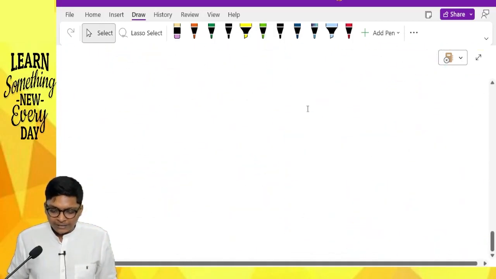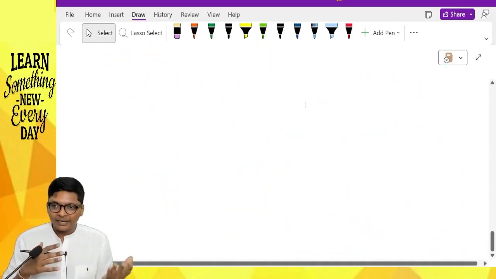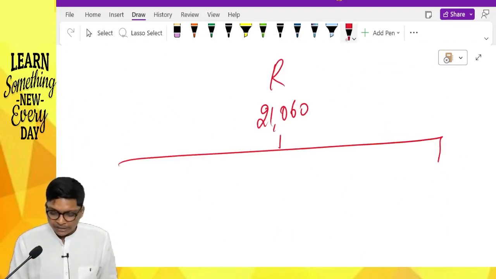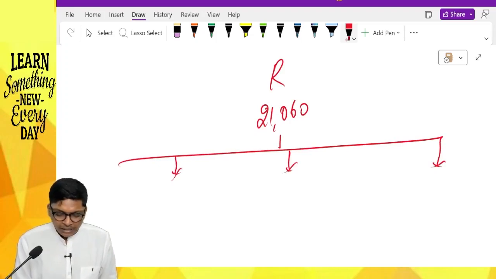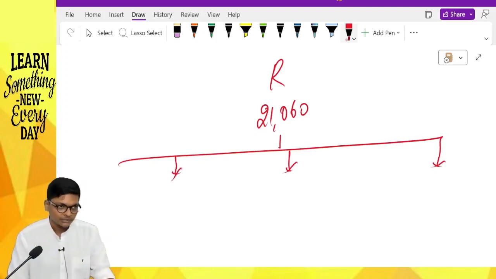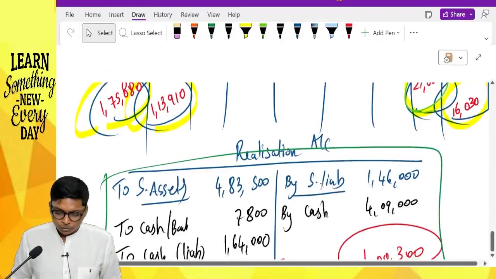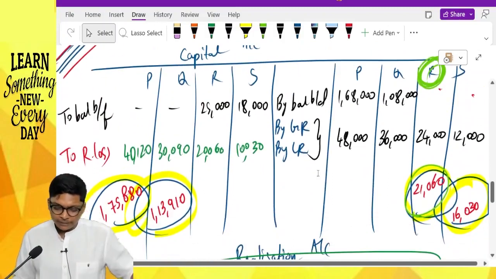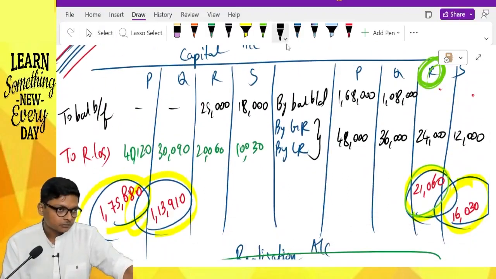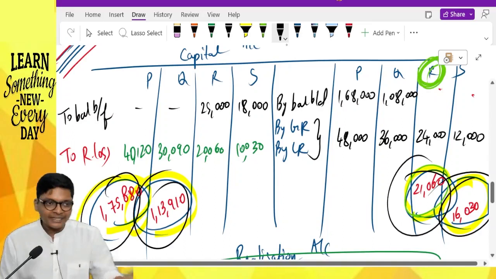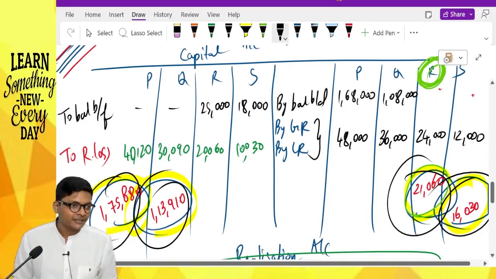Okay, so in a partnership, with mutual agency, one partner is liable for the other partners. So R's share of 21,060 should be shared by the other partners. This is the interpretation. Correct? As a normal sum, what did we understand so far? In a normal sum, these two people should be paid, and these two will bring in the money and settle. We computed and checked also.